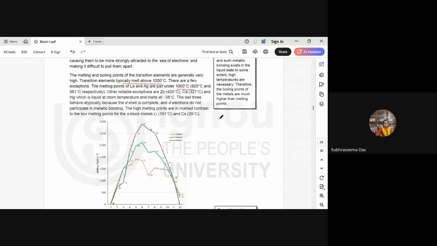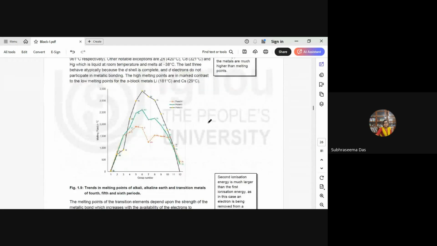Others are zinc, cadmium, and mercury, which is a liquid at room temperature, with a melting point of -38 degrees centigrade. This high melting point is in contrast to the low melting points of the s block elements, for lithium 181 and for cesium 29. In comparison to them, the transition metals have very high melting and boiling points.